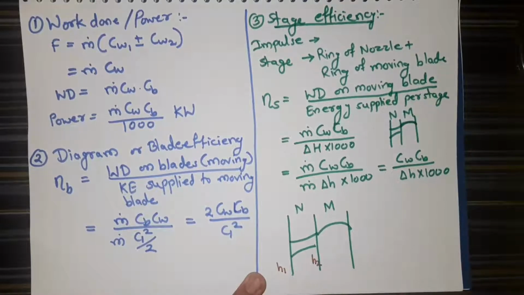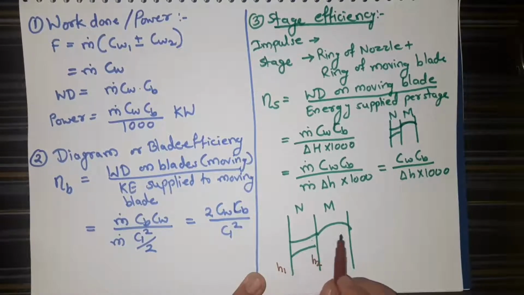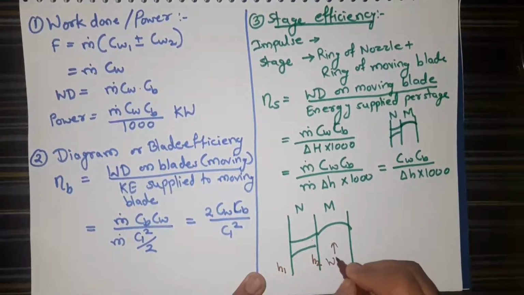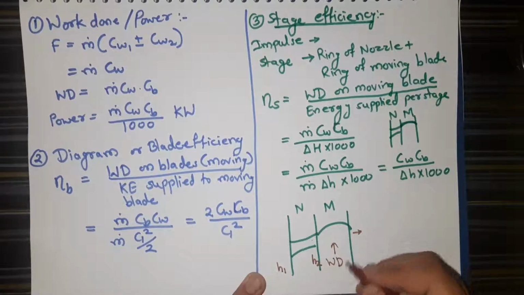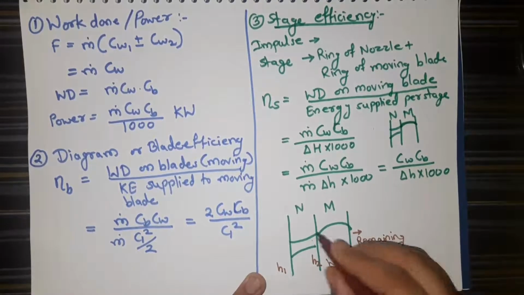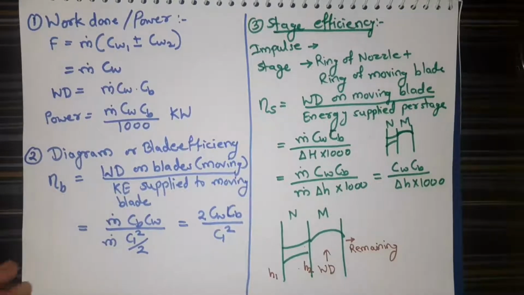Here it is H2, and the difference between them gives the energy supplied to this whole stage, and that energy we are trying to convert into work done. So here we get work done, and the remaining energy will be sent to the next stage, or we can say it is a loss for that particular stage. So the output is the work done, and the difference gives you the input, or the energy supplied to the particular stage.